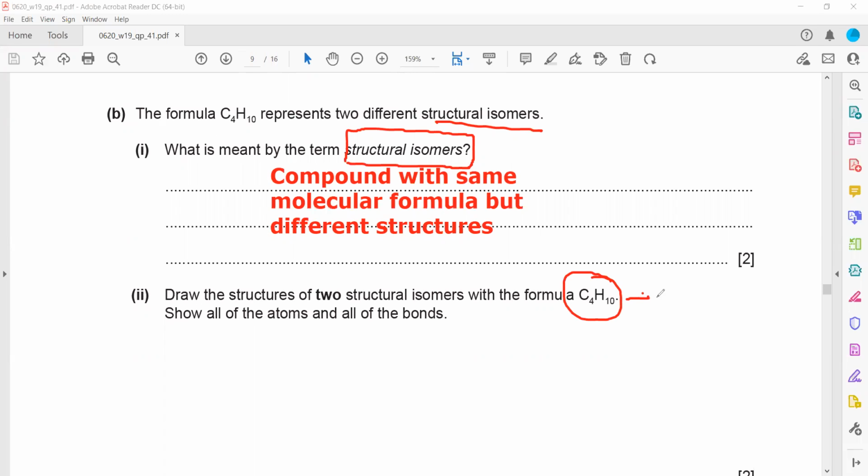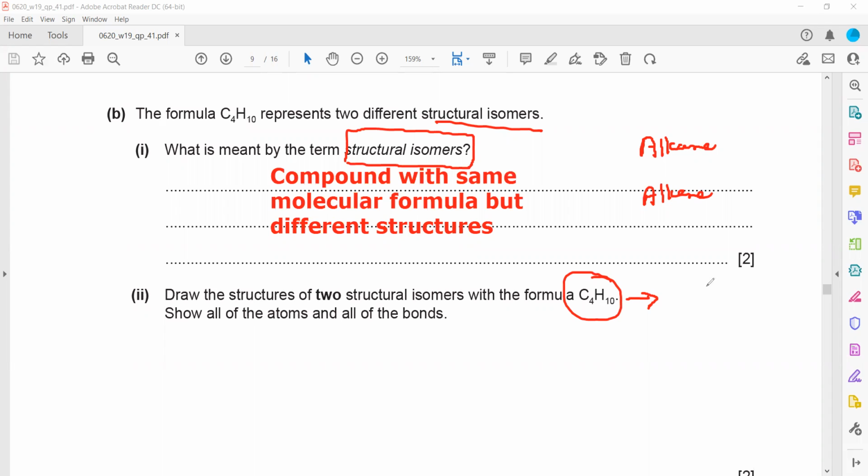C4H10, what is this? Alkane or alkene? Alkane or alkene? So C4H10, that's right, it is an alkane.